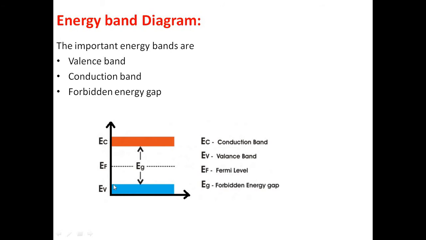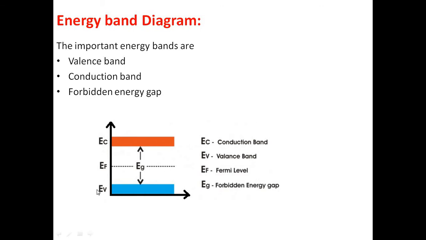The region shaded in blue is the valence band, which holds the valence electrons. For the time being, just remember the names valence electrons and free electrons. We will discuss what is meant by valence electrons and free electrons.